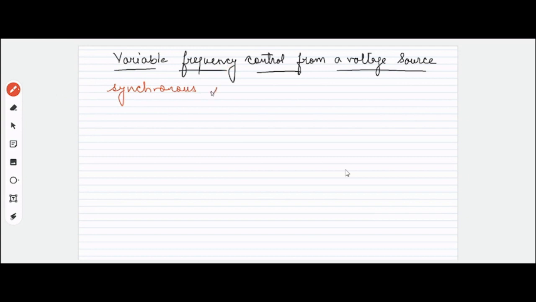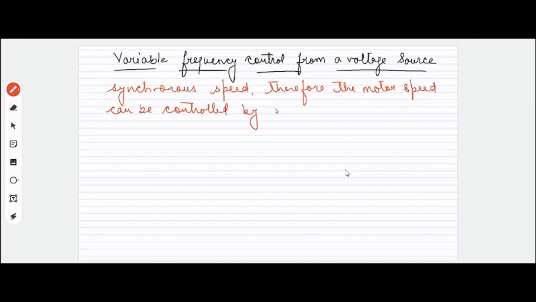So synchronous speed, and therefore the motor speed, can be controlled by varying the supply frequency.